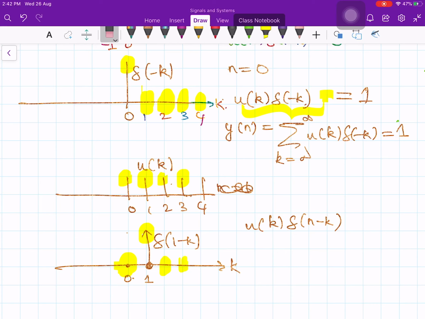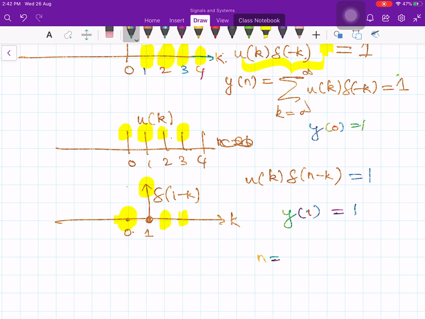Therefore here y of 0 is equal to 1, here y of 1 is equal to 1. Similarly, we substitute n equal to 2, again y of 2 becomes 1, n equals 3, y of 3 equals 1, and so on so forth. This calculation continues.